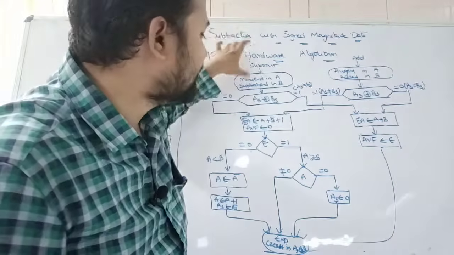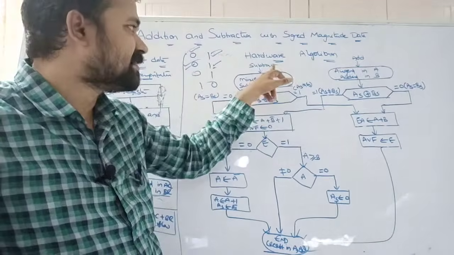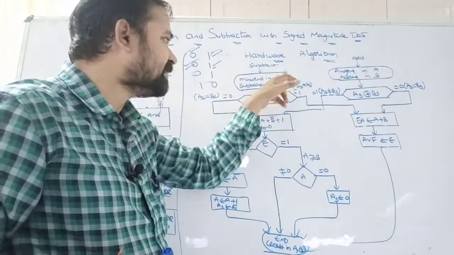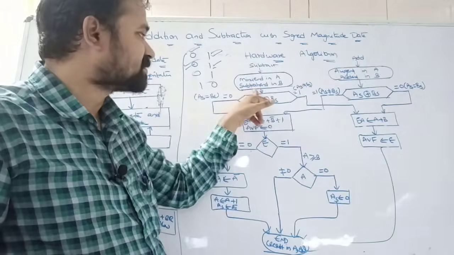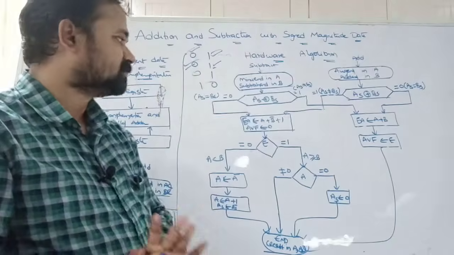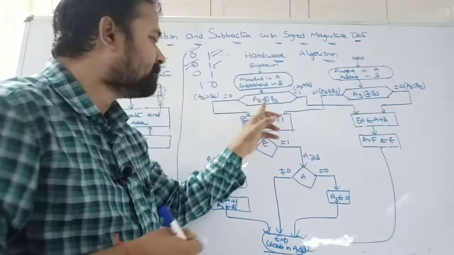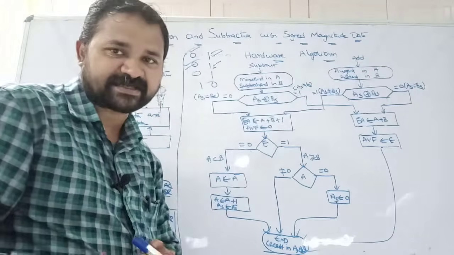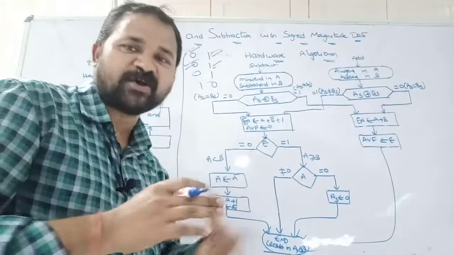Now let us discuss this part. This is for subtraction operation. The first number, the minuend, is present in A. The second number, the subtrahend, is present in B. Here also we are using a comparator in order to compare the sign bits of AS and BS. We know the procedure for subtraction operation.